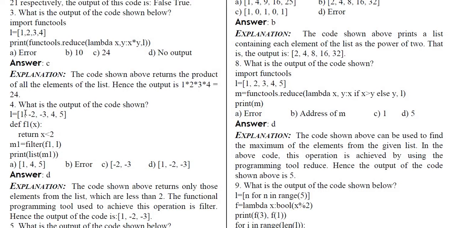It will return only those elements from the list that are less than 2. If we find out, it will list 1, -2 and -3 because these elements are less than 2. And the functional programming tool used to achieve this operation is filter. This is a functional programming tool.